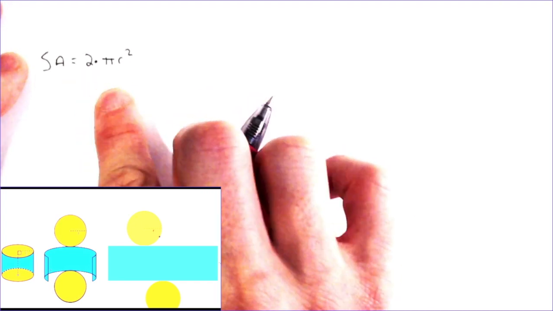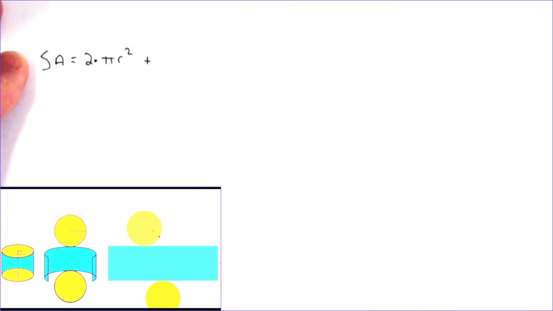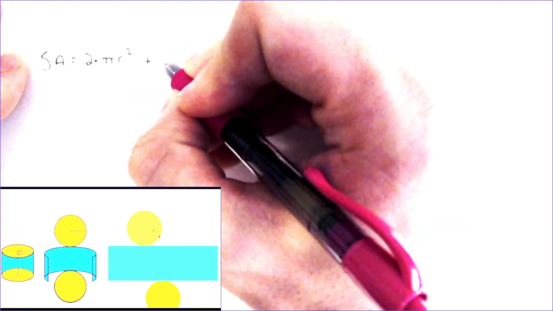So that would be the area of the top and bottom circle. But then we have to add in the area of the unraveled rectangle. And the unraveled rectangle is the base times the height. So the base is the tricky part. That was the circumference of the top part of the circle, which the circumference formula for a circle is 2 pi r.